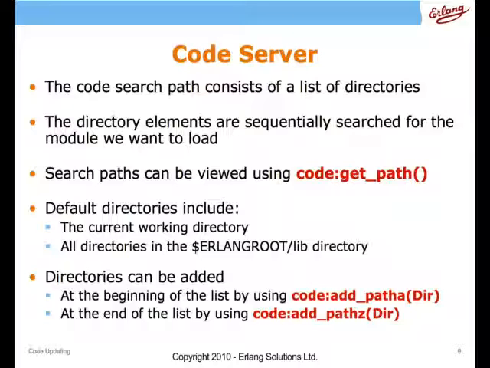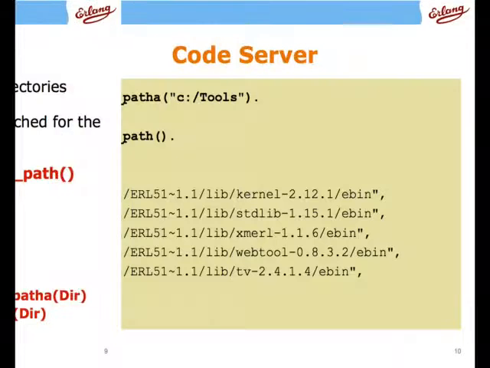That's the $ERLANG_ROOT variable, which says where the Erlang system is installed. It's possible to manipulate that path using the functions addPath A, which adds at the beginning of the list, and addPath Z, which adds at the end of the list. Again, those are functions in the code module. So that allows us to programmatically change what's in that list.